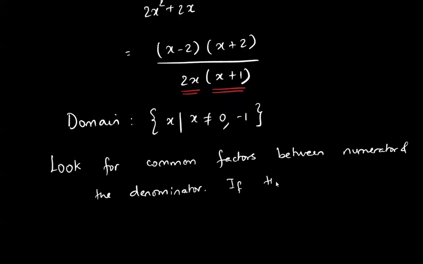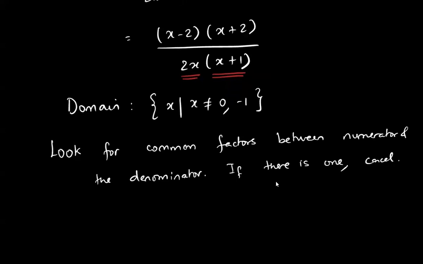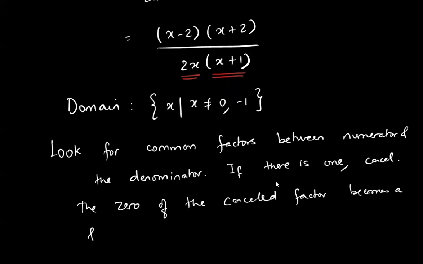If there is one, cancel it. The zero of the cancelled factor becomes a hole on the graph.